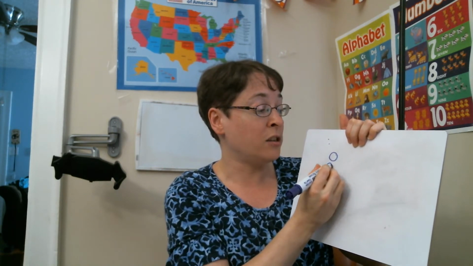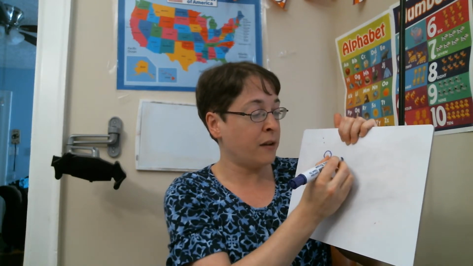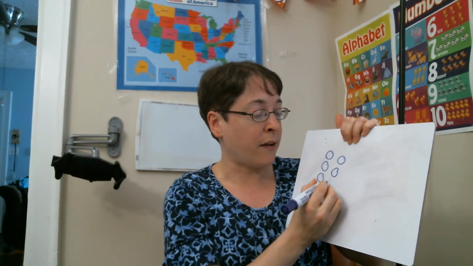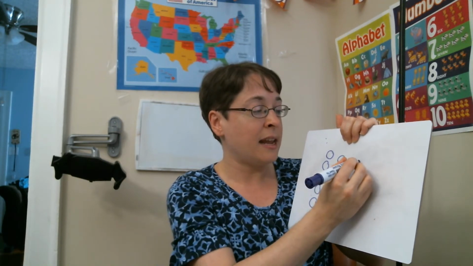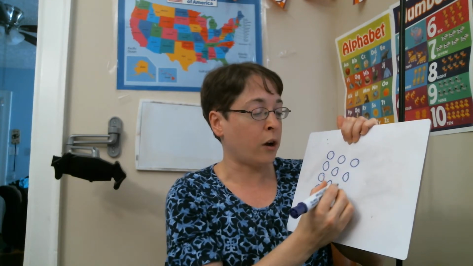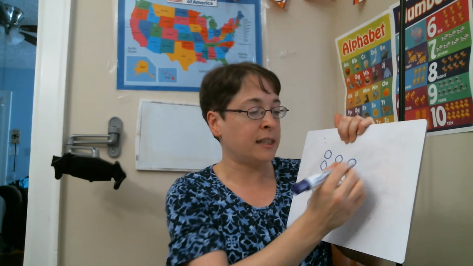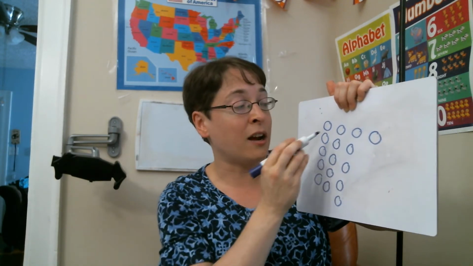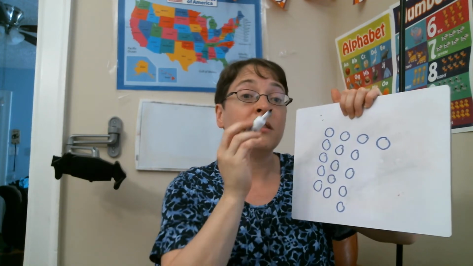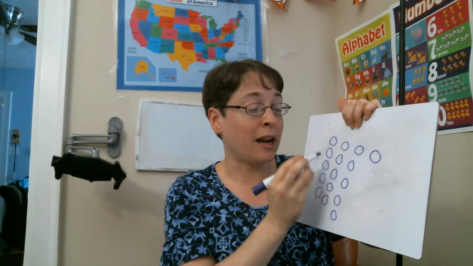So we have 1, 2, 3, 4, 5, 6, 7, 8, 9, 10, 11, 12, 13, 14, 15, 16. So now we're going to circle 10. So we're going to have 10 in a group.